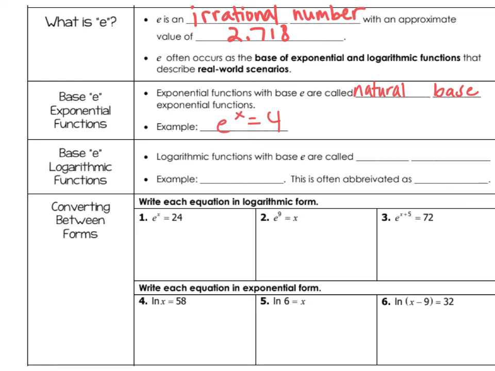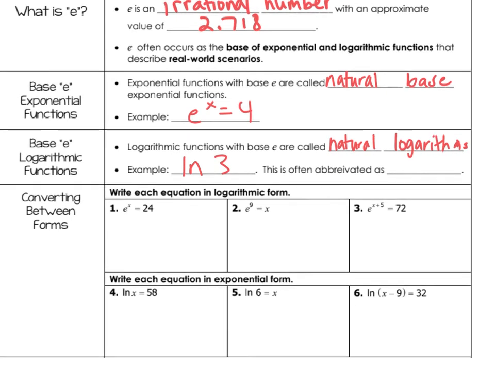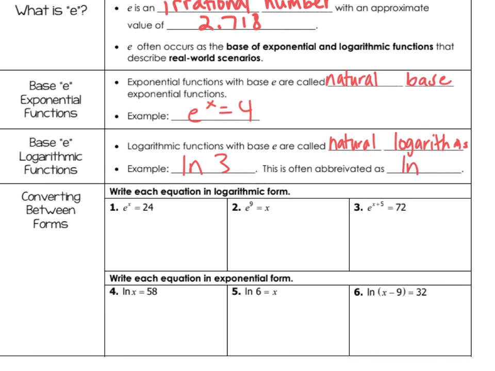Logarithmic functions with base e are called natural logarithms. An example of this would be natural log of 3. This is abbreviated as ln, and all it means is log base e of whatever, but abbreviated as natural log.